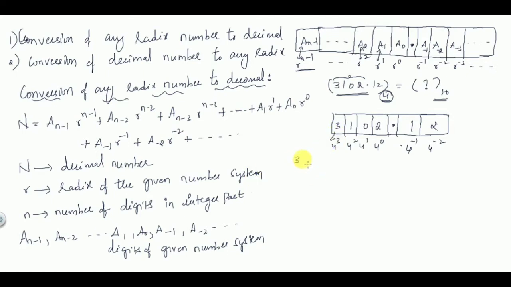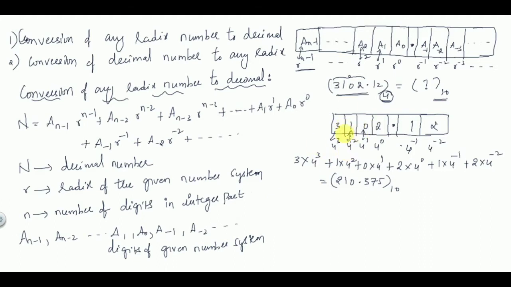So we just have to multiply 3 into 4^3 and add with the others: 1 into 4^2, plus 0 into 4^1, plus 2 into 4^0, plus 1 into 4^(-1), plus 2 into 4^(-2). If you calculate this using your calculator, you will get 210.375 base 10.